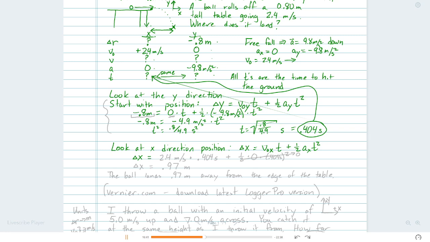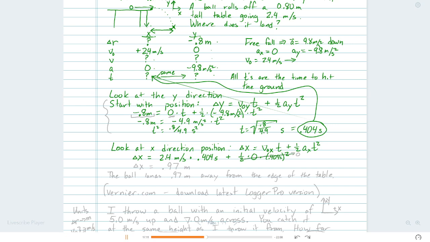Then I will have v naught x, that'll be 2.4 meters per second, times my time that I just found, 0.404 seconds, plus 1/2 times my acceleration, which in the x direction is 0, times my time, 0.404 seconds, squared.